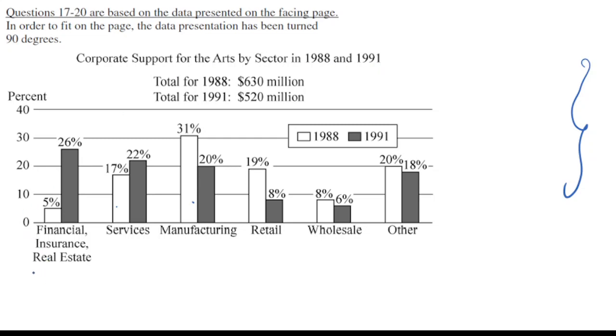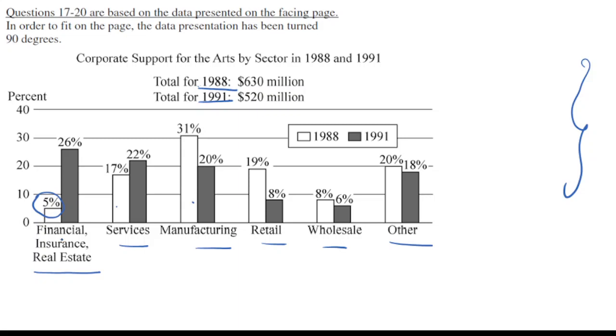Basically, we have 6 different sectors: financial sector, services, manufacturing, retail, wholesale, and other sectors combined together. So we have information for these 6 sectors, and that information is the percentage contribution of those sectors for 2 different years, 1988 and 1991.